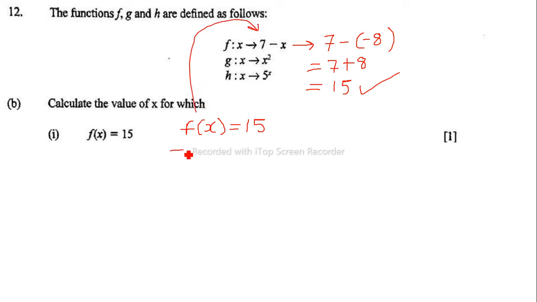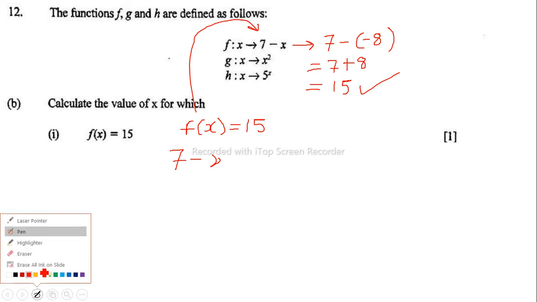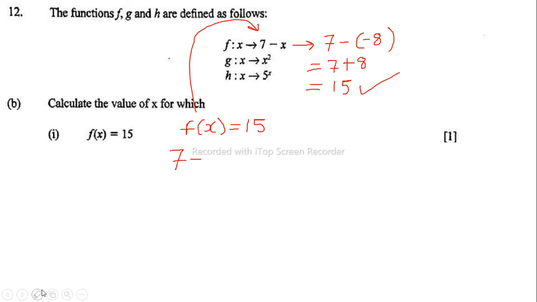So that's going to be 7 minus x equals 15.